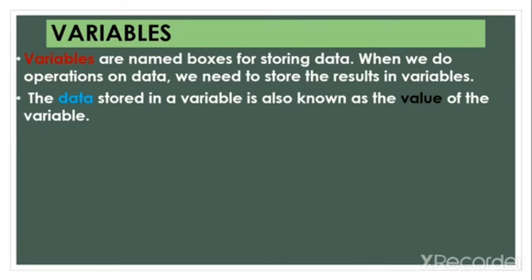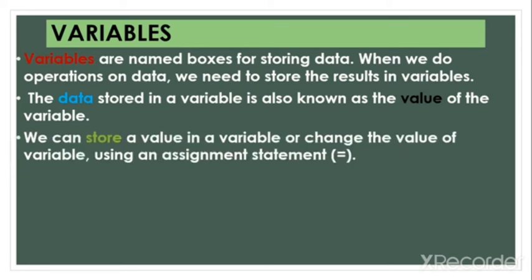If a equal to 10 kuduthomna, 10 is the data, a is the variable. So what is the value of variable A? 10. Do you understand this? So நம்ம என்ன data ஒரு variable store பண்றோமோ அந்த data தான் அந்த particular variable உடைய value. We can store a value in a variable or change the value of a variable using the assignment operator, that is assignment statement. So it's very easy to store a value in a variable using an assignment operator, that is equal operator.